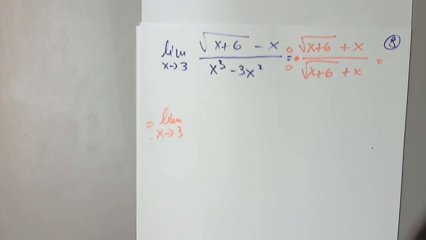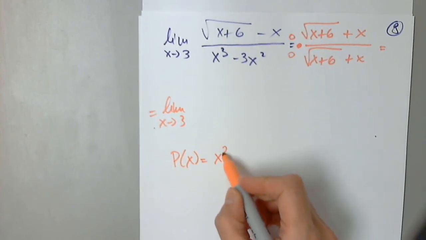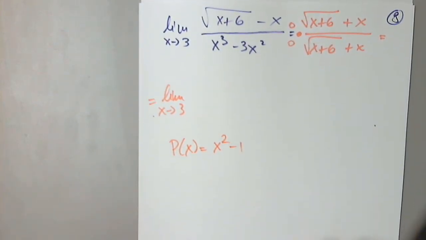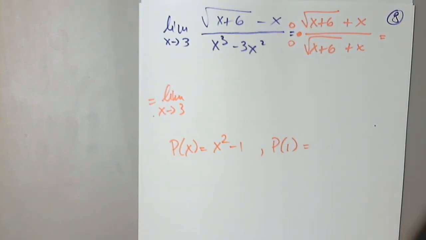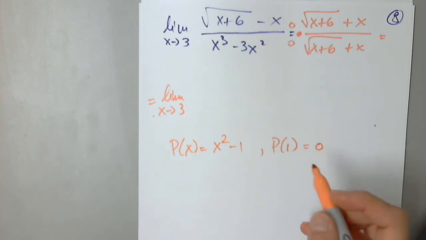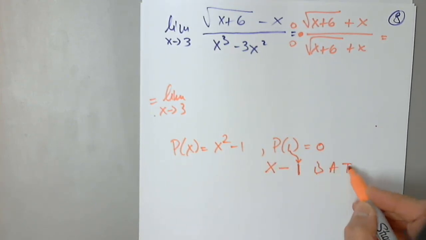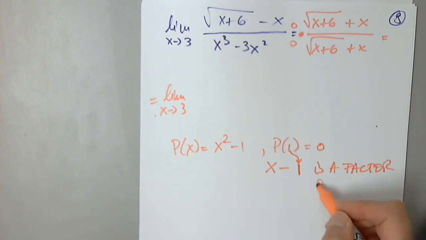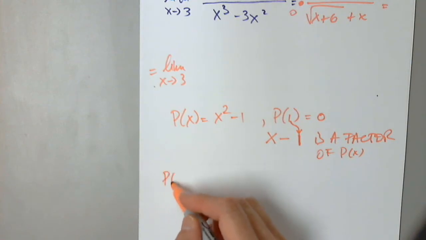So, p of x equals x squared minus 1. I want to find p of 1. What do I get? 0, because x minus 1 is a factor of p of x. I want to plug in 3.